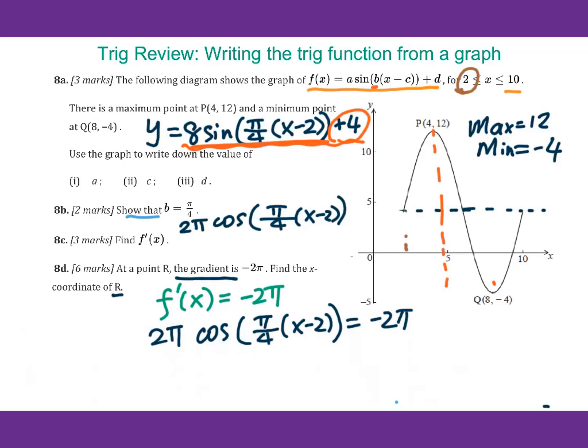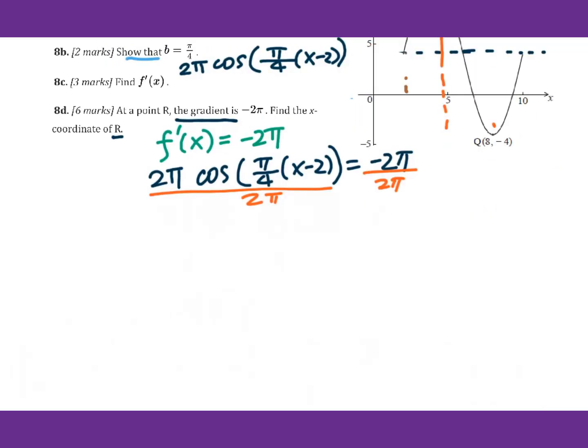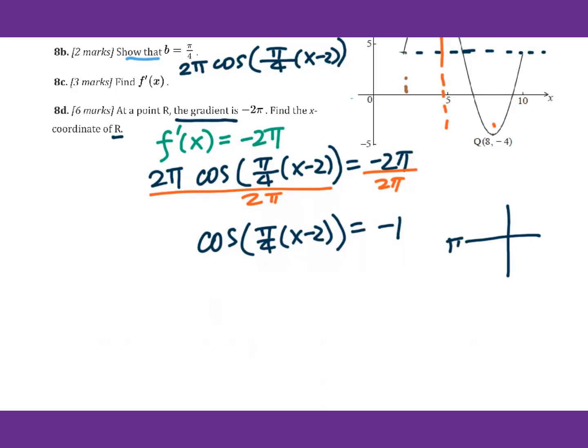Divide by 2 pi both sides. You will get cosine of pi over 4 x minus 2 equals negative 1. For cosine that equals negative 1, that's pi. For pi, you have negative 1, 0, 0. This is a CAST diagram, which means cosine pi equals negative 1.